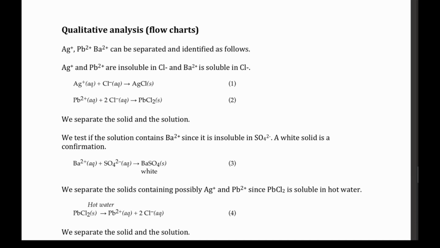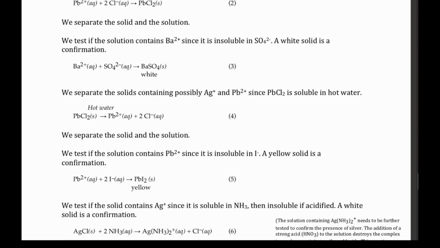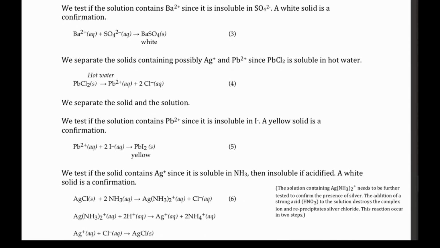Well, it turns out that lead chloride solid is soluble when hot, and the silver chloride is not. So what we would do is take our test tube that contains the silver and the lead chlorides, and stick that in a beaker of hot water.